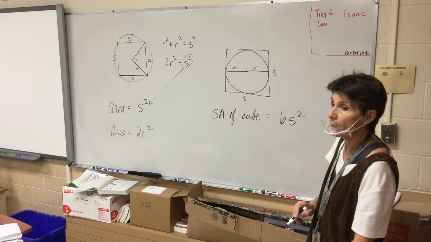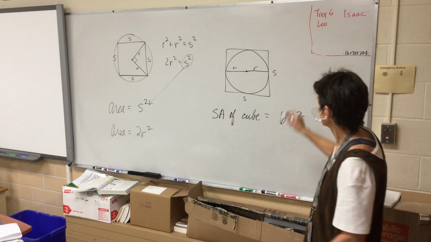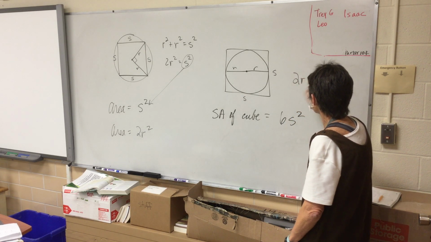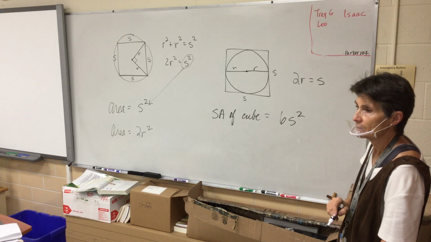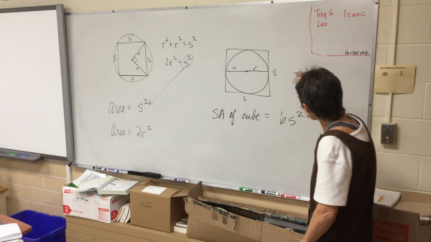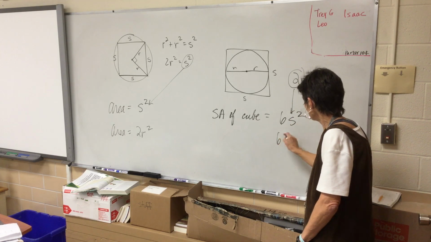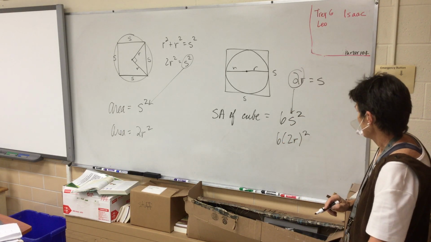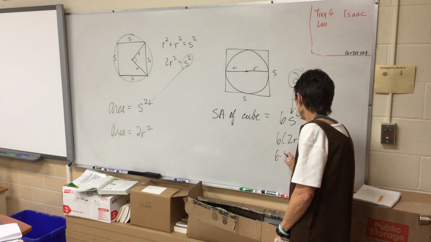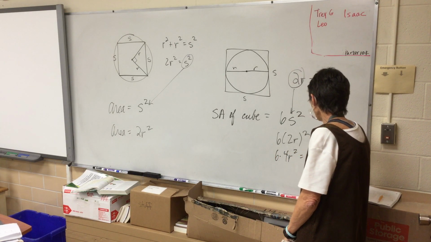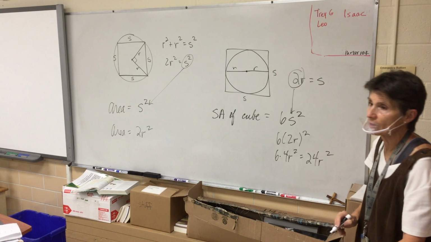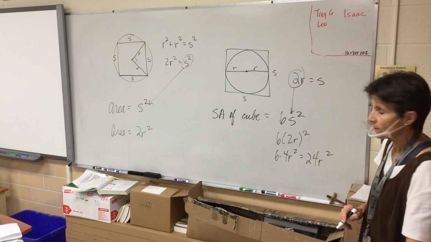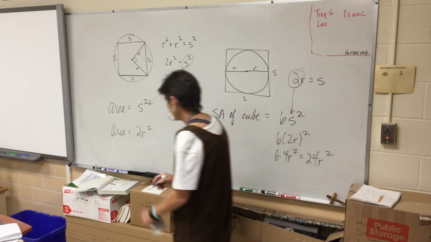Aren't 2 r's an s? So I'm just going to take that and plug it in here. And 24r squared is our area. 24r squared.